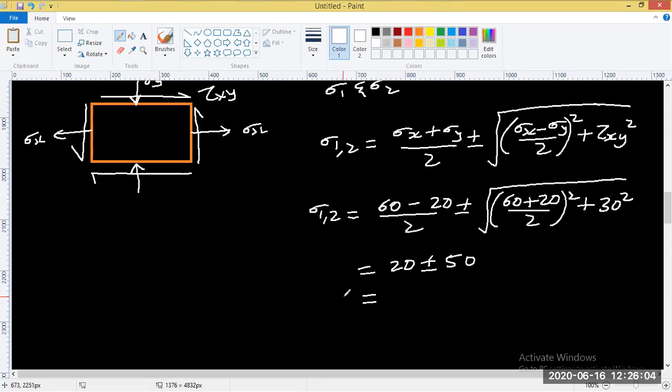Right. So sigma 1 comma 2 we'll find out individually. Let's say sigma 1, the maximum stress equation. So sigma 1 is 20 plus 50 is 70 Newton per mm squared.